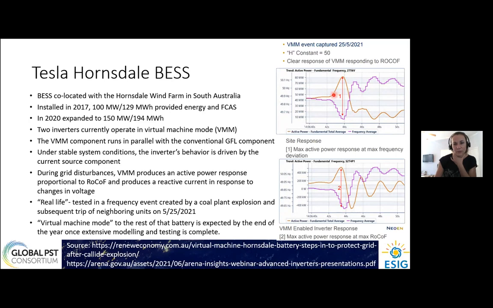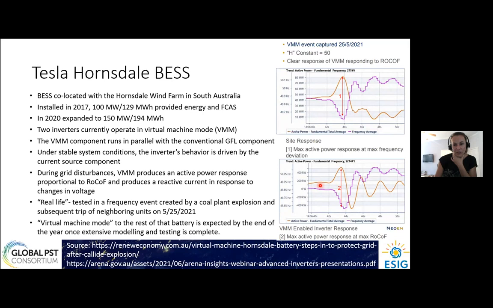So it's expected to provide fast frequency to primary frequency response. As frequency starts declining, the entire plant starts providing something that looks like regular frequency response, and it peaks about the same time as the nadir hits in frequency. Frequency is in purple here, and the response from the plant is in orange.